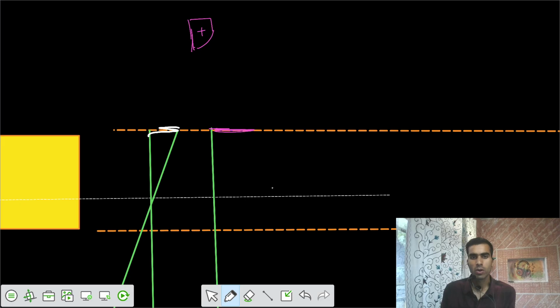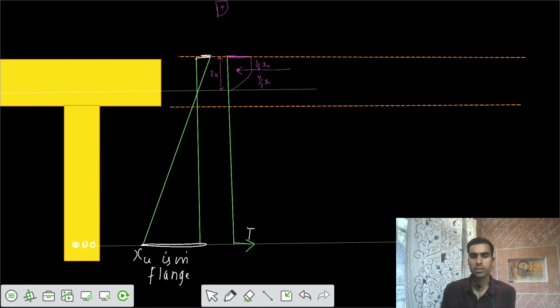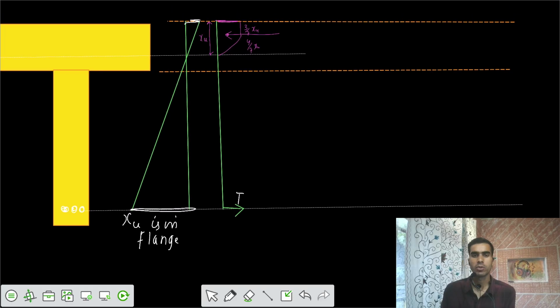That means the stress block would be in this fashion: this is 3/7 XU and this is 4/7 XU, so this is your XU, the neutral axis location. And there is some C force somewhere here, which we can calculate. So this is our first case, that XU is in the flange portion.